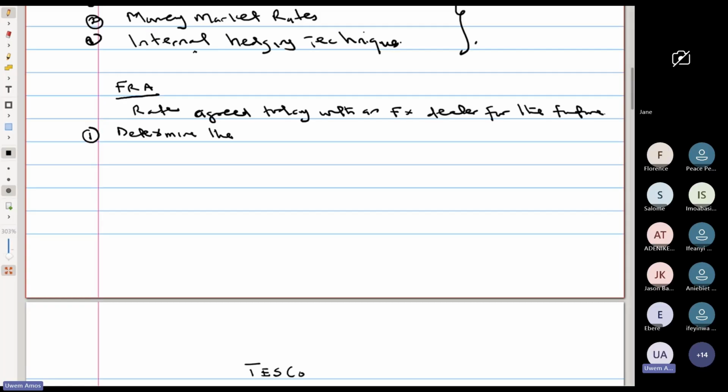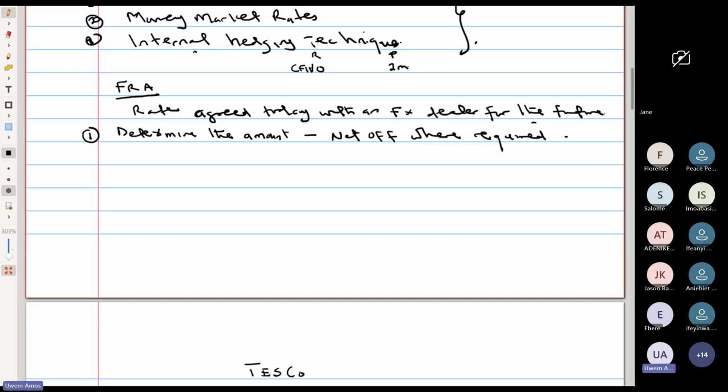Oftentimes this would begin by netting off where required. When we say net off where required, we're basically saying that if, for example, you are expecting to receive 10 million Swiss francs as a US customer, to keep it simple, and you have somebody to pay at the same time for, say, 2 million.